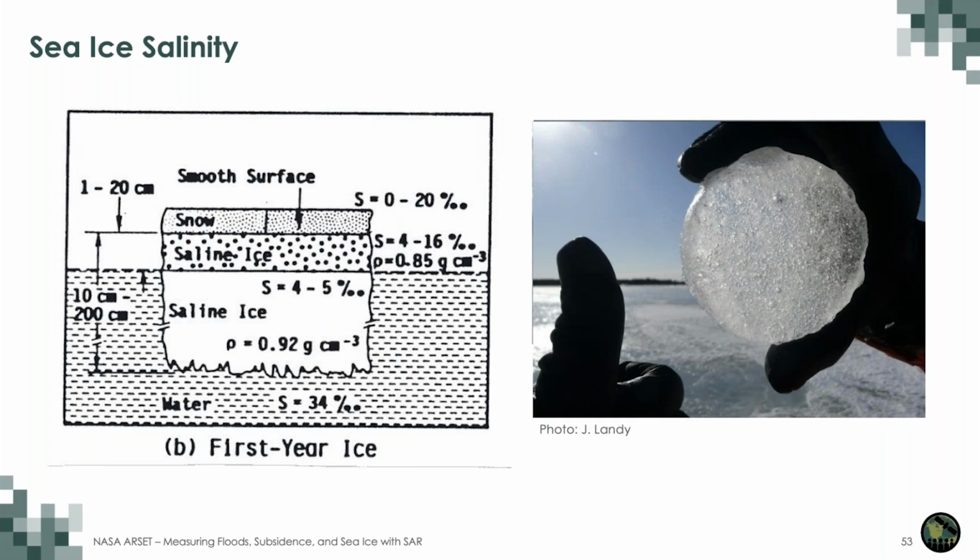So you have the saline ice you can see in the image here on the left, which has a higher salinity, and then lower down, the salinity actually decreases. There can also be a salty layer at the surface that affects the radar signature due to changes in the dielectric constant. If the brine layer is at the bottom, it leaves behind empty pores, enabling volume scattering. And on the right, you can also see a first-year ice picture where you see these brine cells.